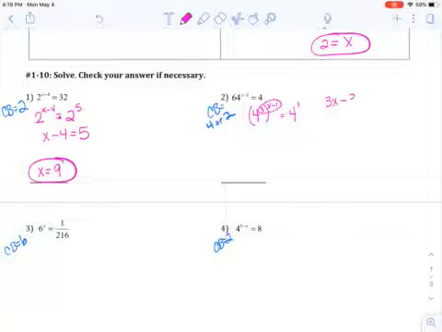So 3x minus 3 will be equal to the 1. So add 3, and then divide by 3. So x will be 4/3.